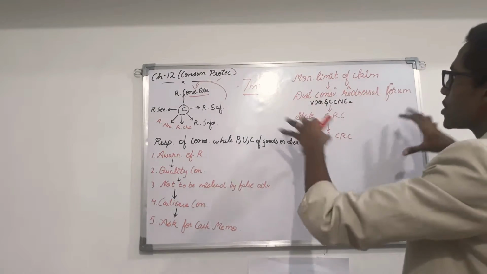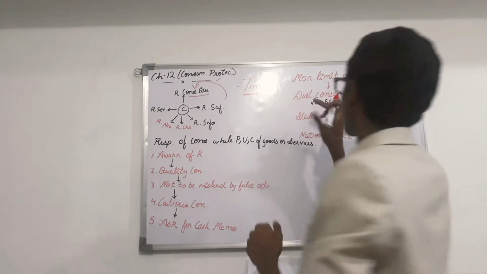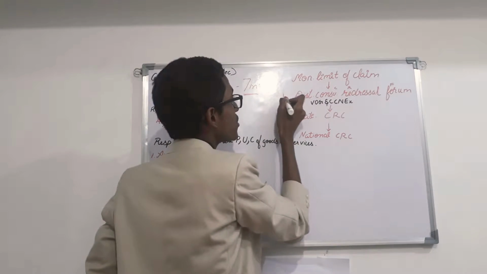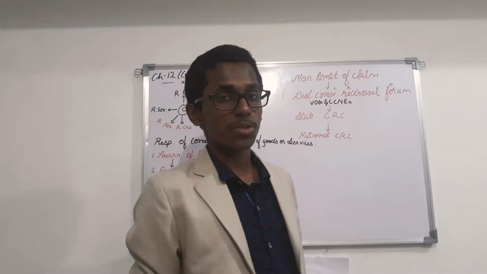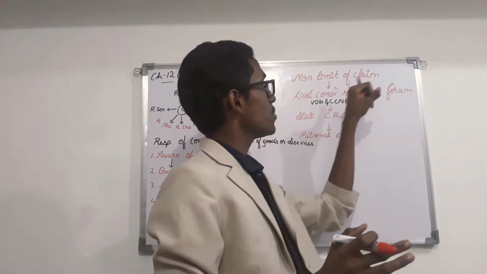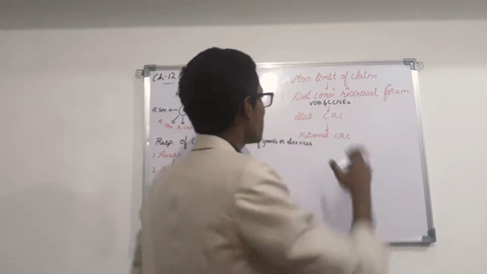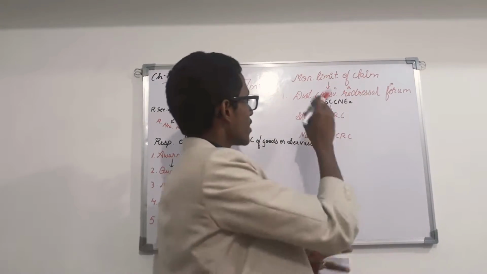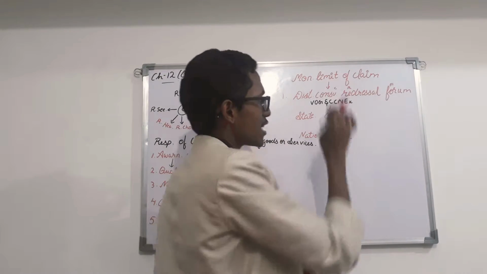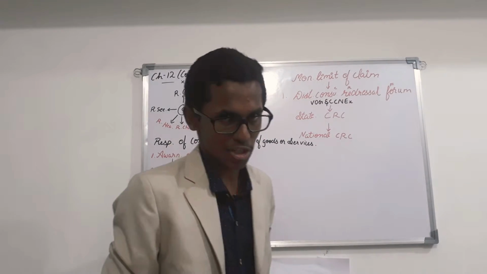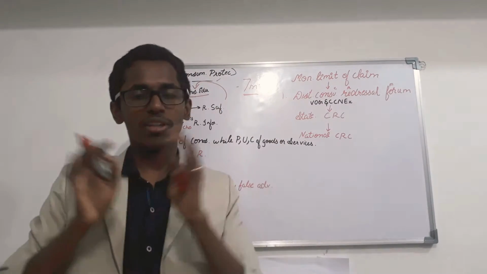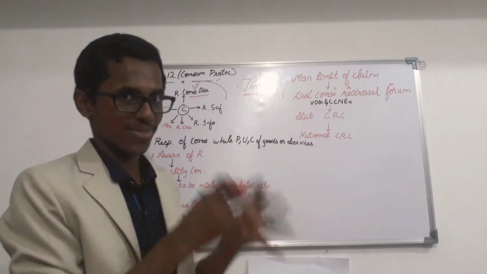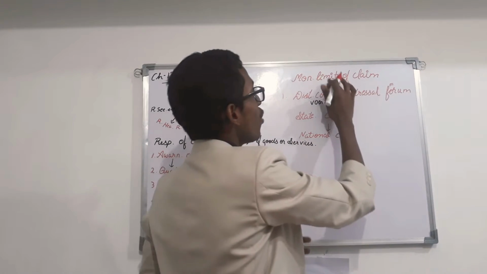In the monetary limits of claim, the first one is the District Consumer Redressal Forum. The second one is the State Consumer Redressal Commission. The third one is the National Consumer Redressal Commission. So there are overall 3 monetary limits for claims.